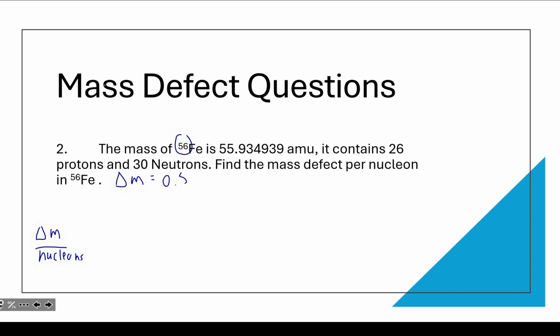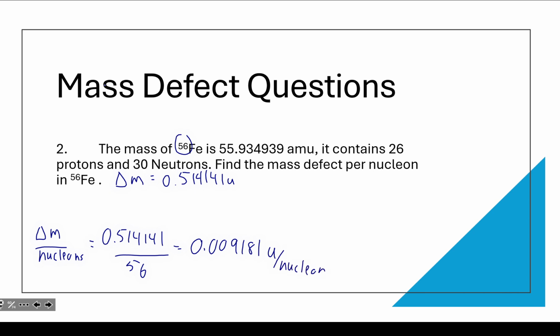Okay, so I got this number. The atomic mass units from the mass defect, take that and divide by 56. And that means for each nucleon, I should get that.